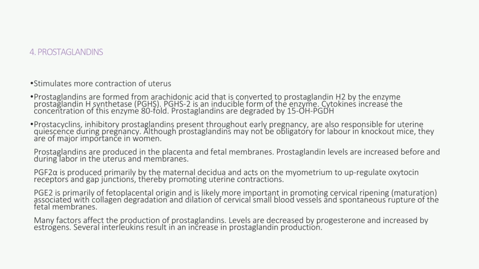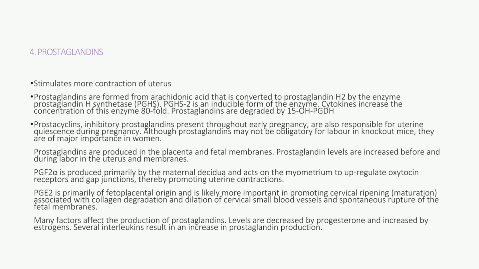Prostaglandin levels are increased before and during labor in the uterus and membranes. Prostaglandin F2 alpha is produced primarily by the maternal decidua and acts on the myometrium to upregulate oxytocin receptors and gap junctions, thereby promoting uterine contraction.